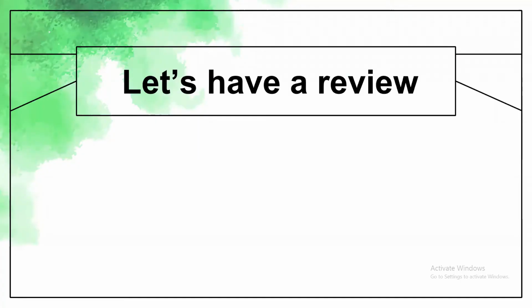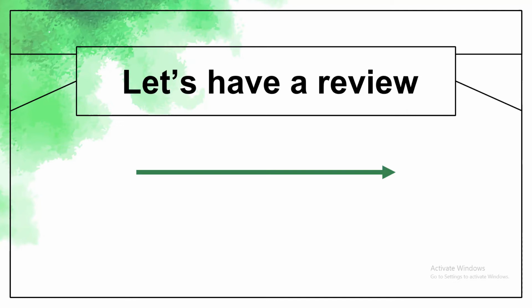Now, let's have a quick review of what we discussed last time. We said that we use an arrow to show the magnitude and direction of a force. The length of the arrow shows the magnitude, or size, of a force. If an arrow is long, the magnitude of force is big.